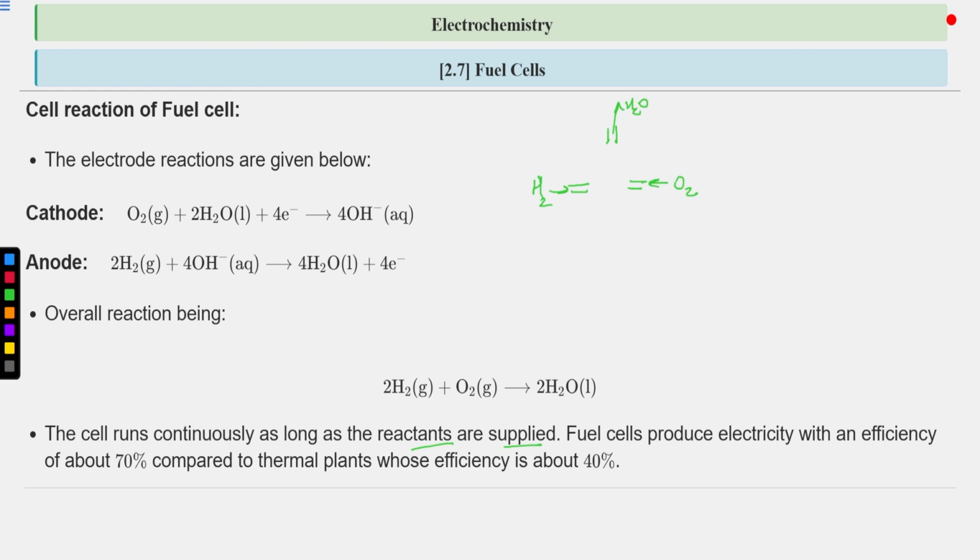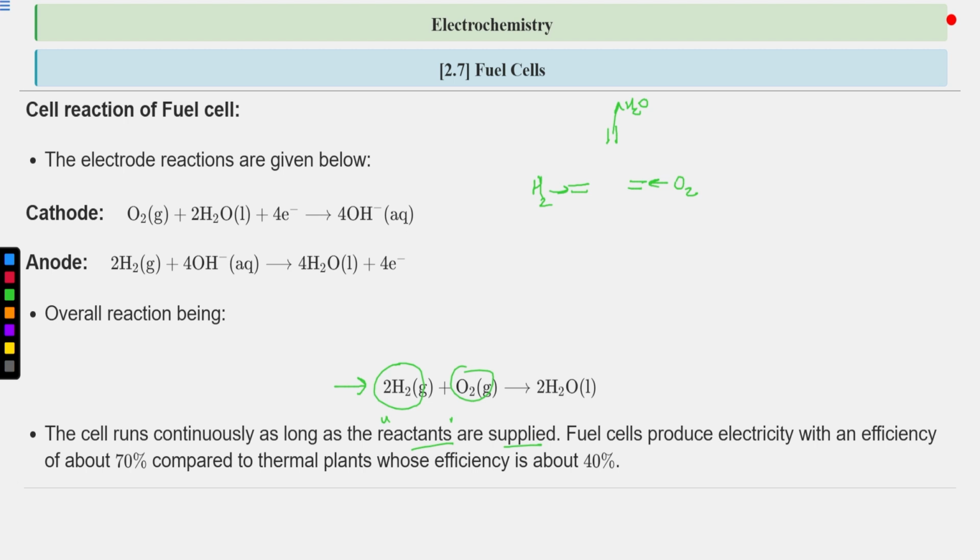So what are we saying? The cell runs continuously as long as the reactants are supplied. If you see the overall cell reaction, the reactants are hydrogen and oxygen, which you can supply from an external source to the inside of the cell. As long as you provide the reactants, the cell reaction will go on and you will get the product.